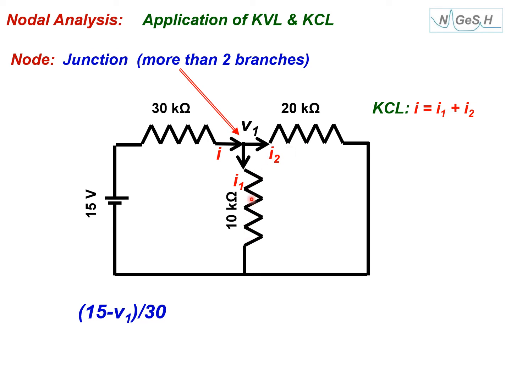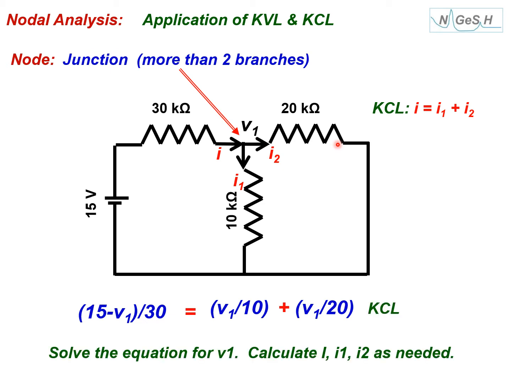Here it is V1 minus 0, since this is at ground, so V1 by 10, plus V1 by 20, that is the current flowing through I2. So now you have an equation with one variable and you can simply solve this.